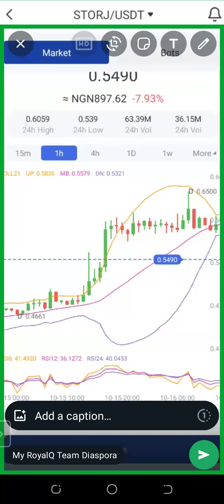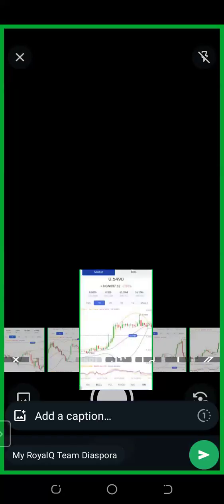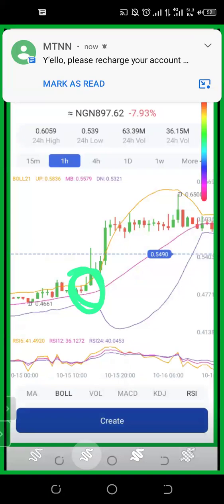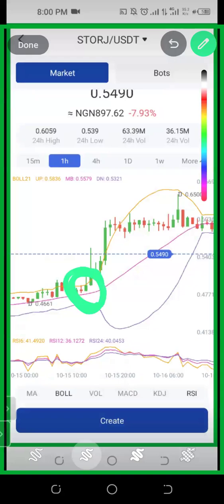So your job is, after this training, go to your RoyalQ, just be scrolling and studying charts to be able to identify this inverted hammer. You see, after that inverted hammer, that is upside down, you see how the coin went up.